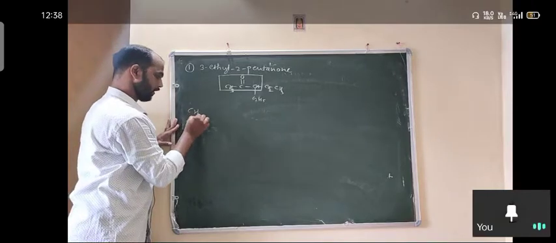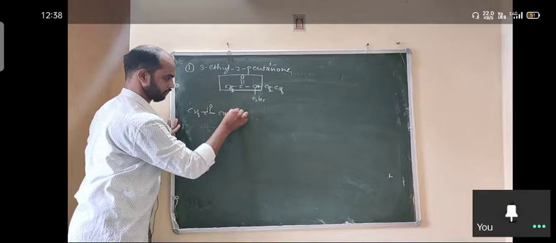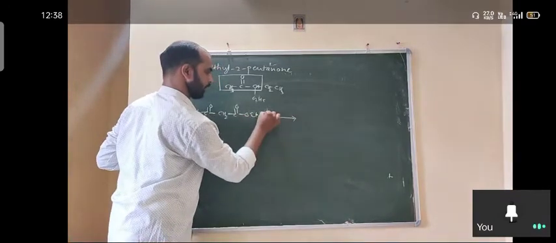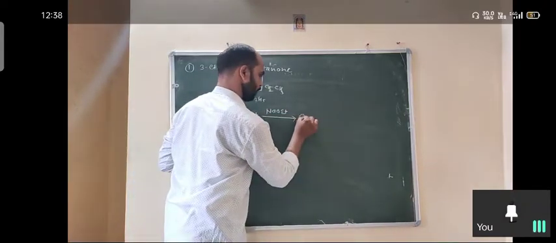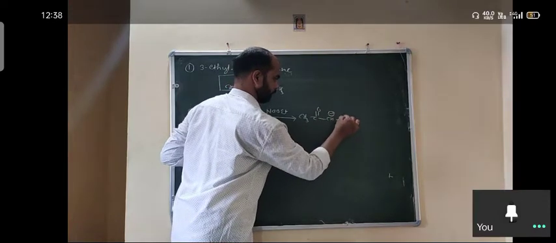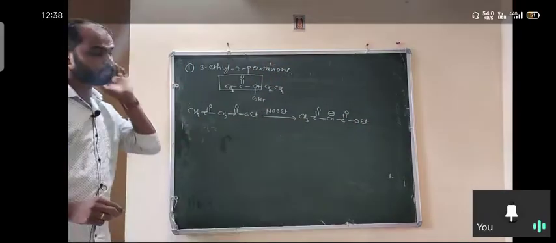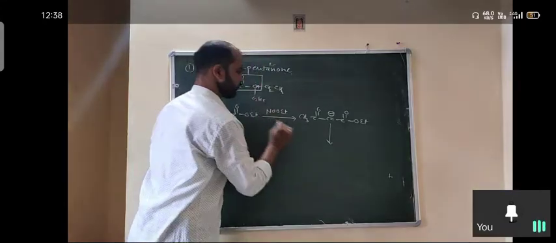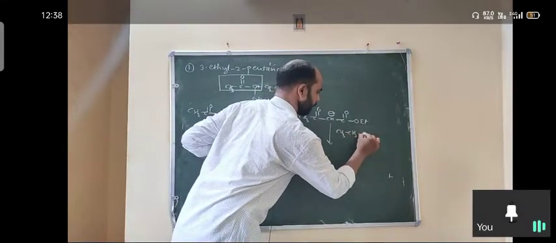Take ethyl acetoacetate, use base NaOEt. First there is formation of carbanion. Then do the alkylation. The alkyl group given is C2H5, so you can use CH3CH2Br.